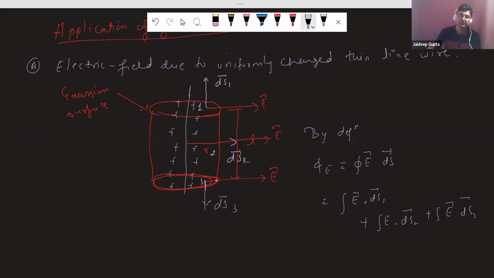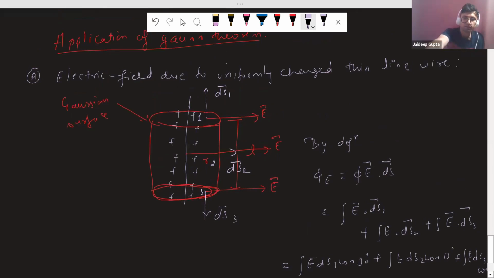We have to treat them separately. Now, what is E·dS1? What is the angle between area vector S1 and electric field? Perpendicular. So E dS1 cos 90. Likewise, E dS2 cos 0 because both have the same direction. Likewise, E dS3 cos 90.